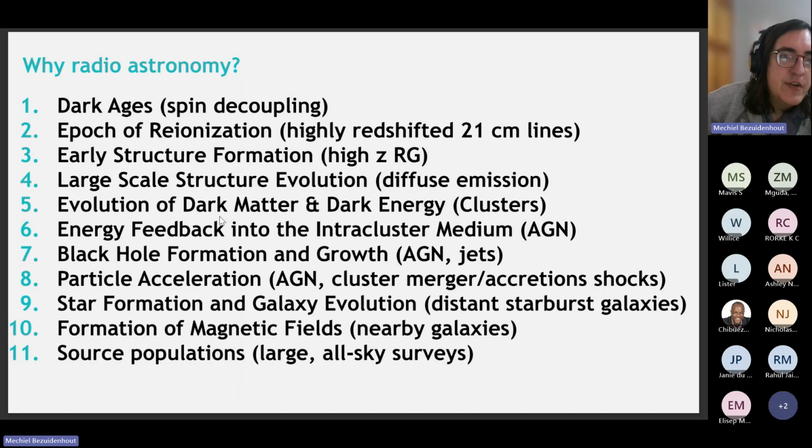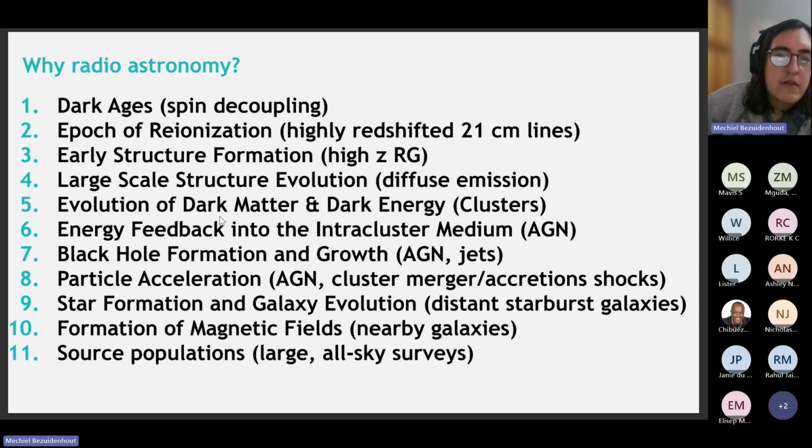One of the things that you can do is study the so-called dark ages, the very, very early stages of the universe, and try to understand why photons and baryons decoupled from one another. You can study the epoch of reionization by looking at highly redshifted 21 centimeter lines. So that's the early stage of the universe when stars and galaxies just started to be formed.